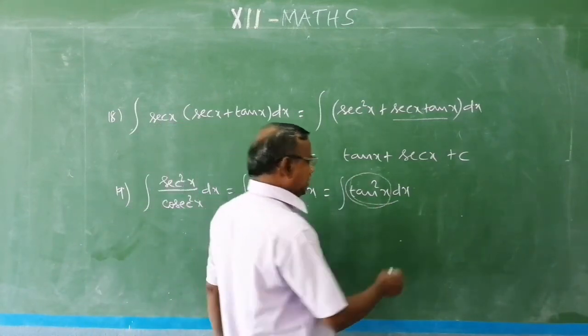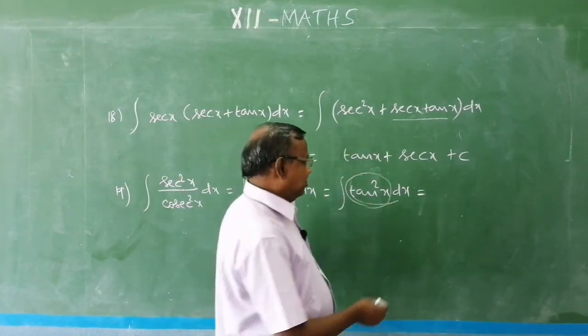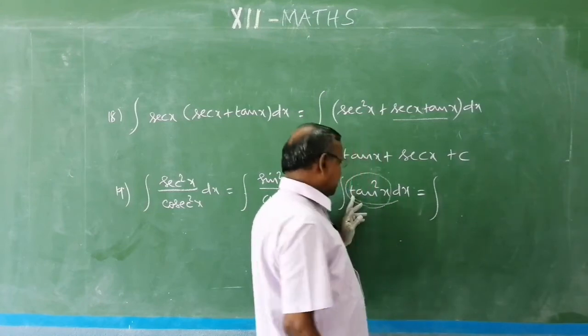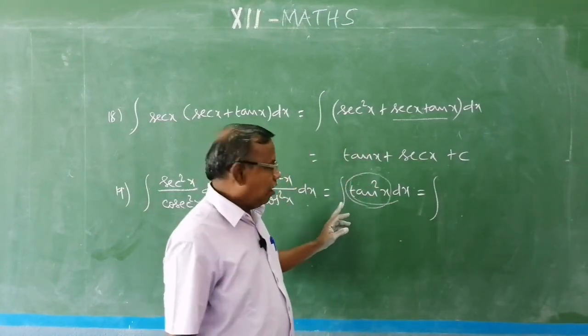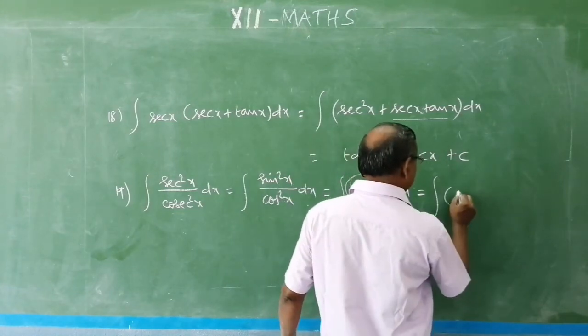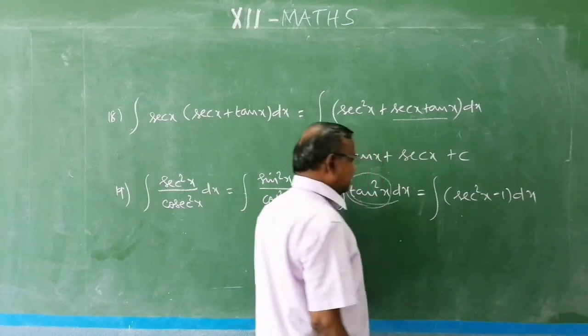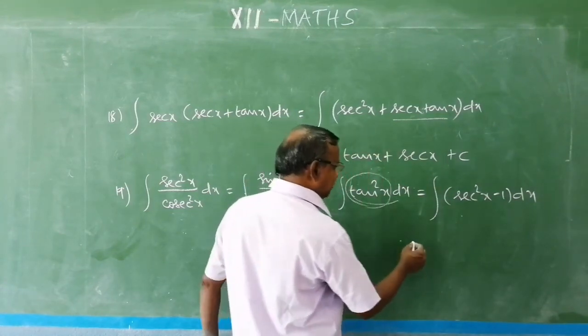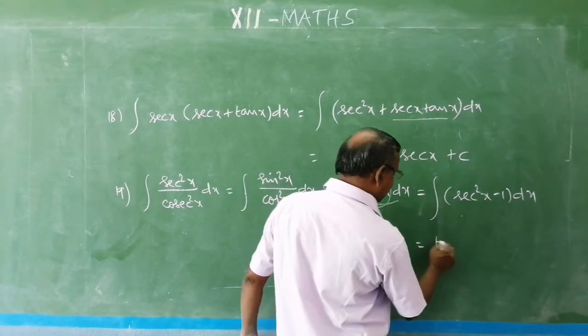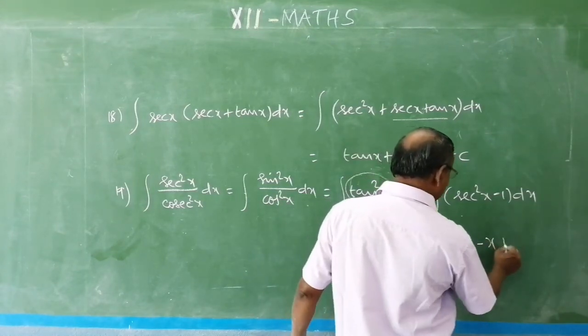So we use the trigonometric rearrangement. We know that 1 plus tan square x is equal to secant square x, so tan square x can be written as secant square x minus 1 into dx. Now we have the formula for secant square x. Integrating secant square x is equal to tan x, and minus 1 gives minus x, plus c.